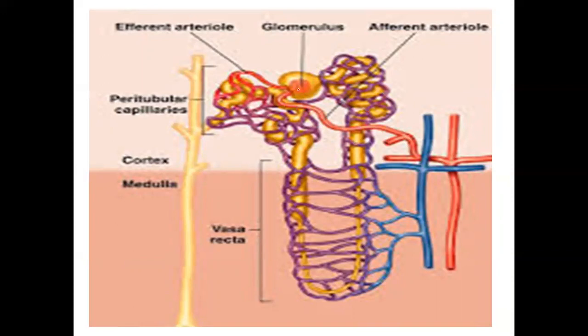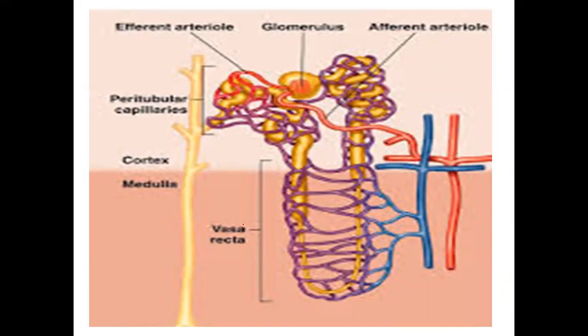Now these capillaries unite and come out as efferent arteriole. This efferent arteriole further breaks down into a network of capillaries around these Henle's loops, and this is called vasa recta.